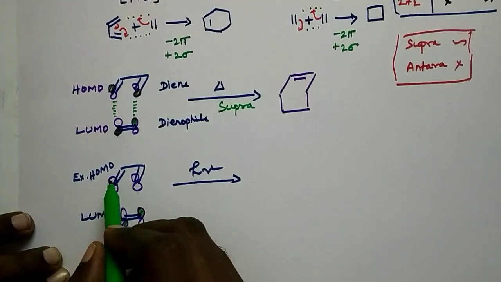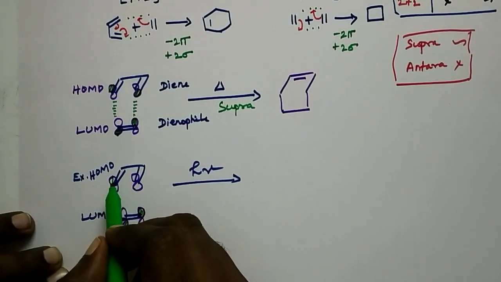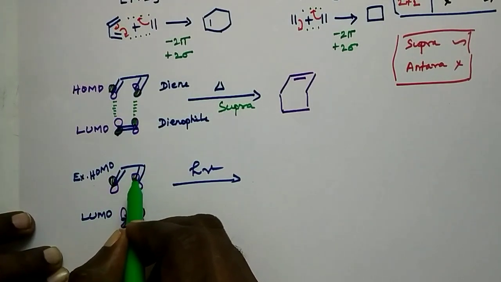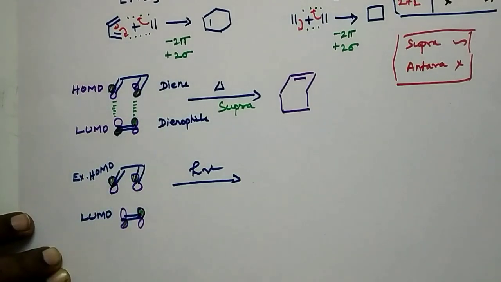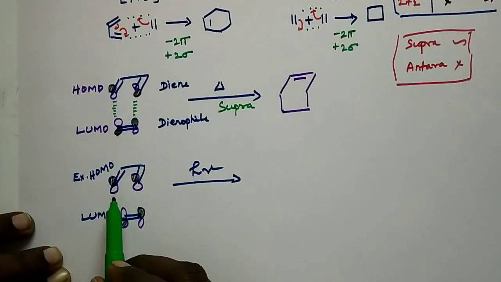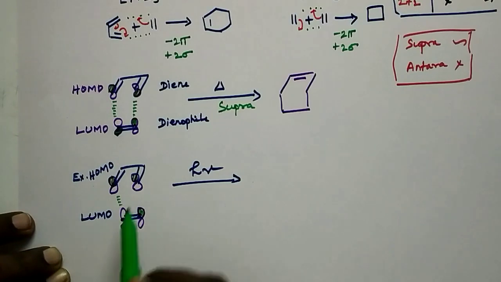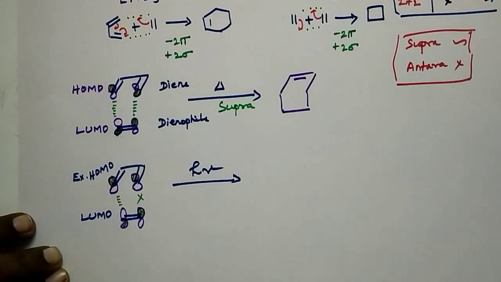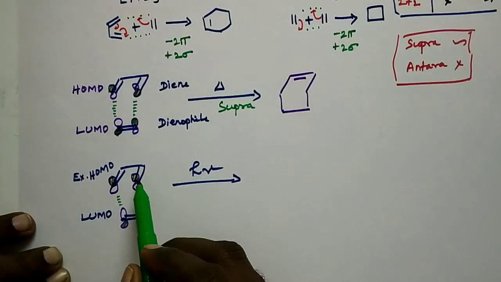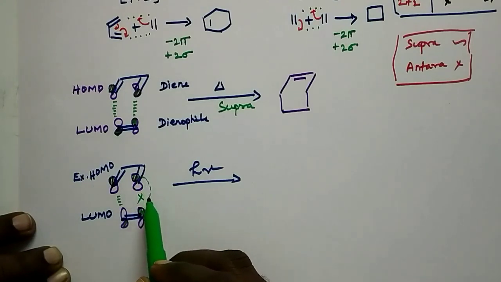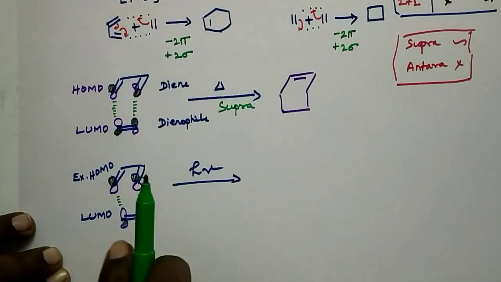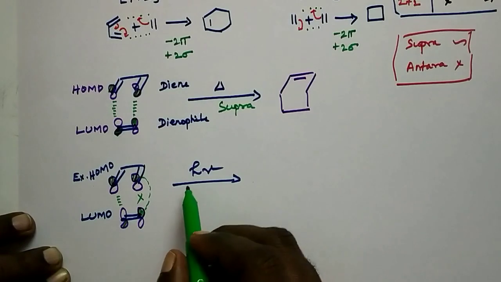LUMO should be symmetric, obviously, because LUMO is excited HOMO. Now see the orbitals. There is symmetry forbidden. Suprafacial overlap is not possible here. If we want to achieve the overlap, this has to twist. That means antarafacial.